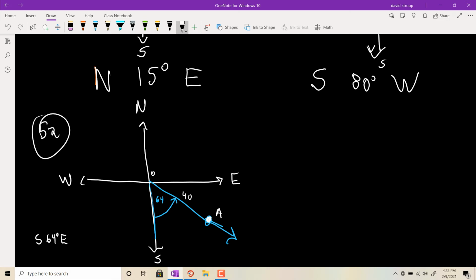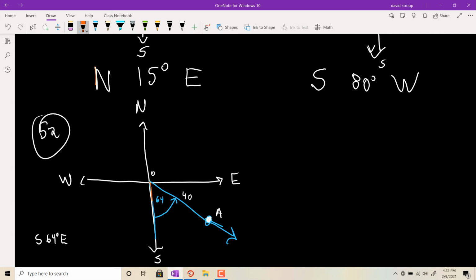So you're going to put a 40 right there. They want to know how many miles south and how many miles east of the harbor the boat has traveled. So the harbor is that O. The harbor is the origin. And the two values that we're after are basically just the x and y coordinates of that point A.